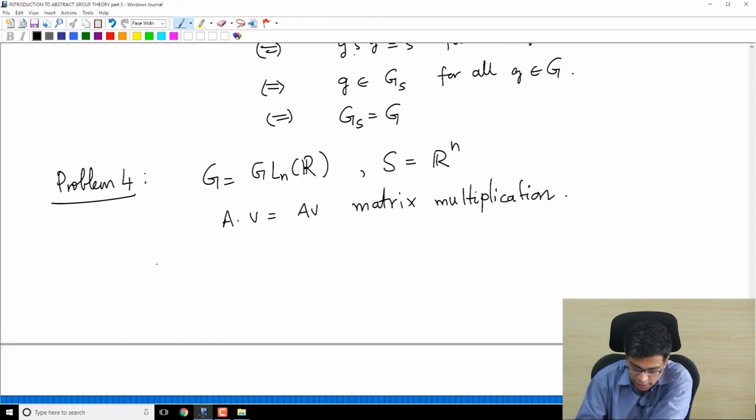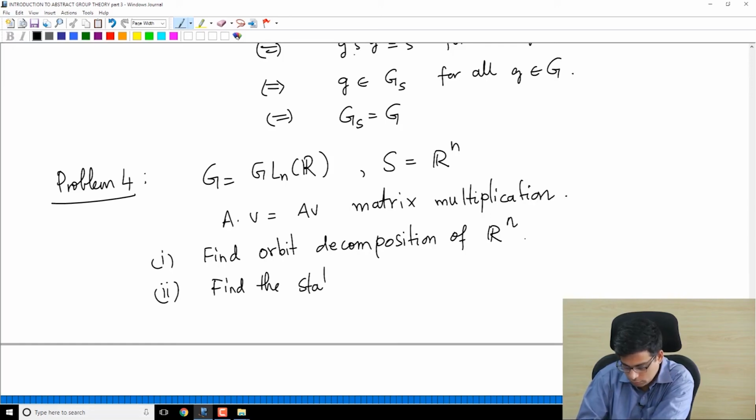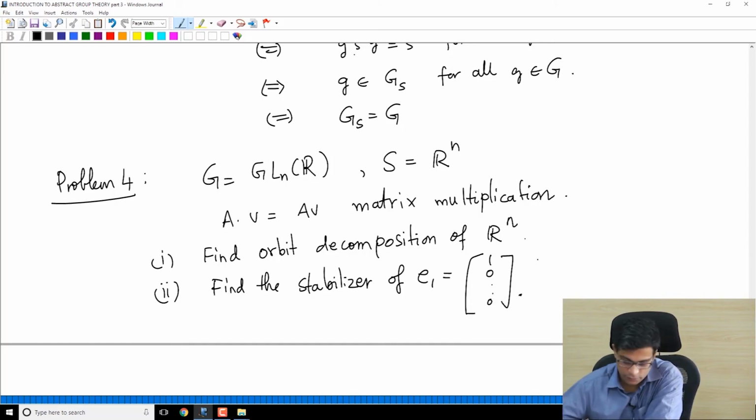Here again, find the orbit decomposition of Rn, and two, find the stabilizer of the elementary vector E1, so that is 1 0 0 0. So two problems.